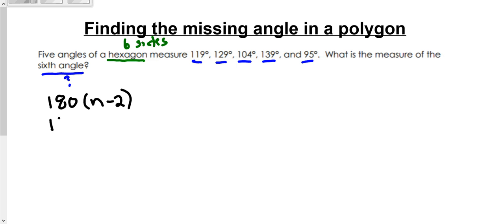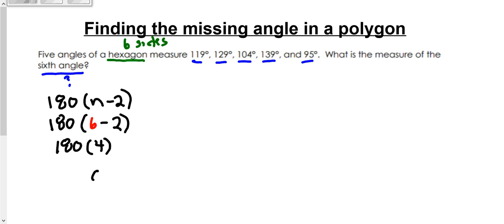We already know that the number of sides is 6, because that's what a hexagon is. So we're going to do 180 times 6 minus 2, which is 4. And 180 times 4 is, let's see, 180 times 4.